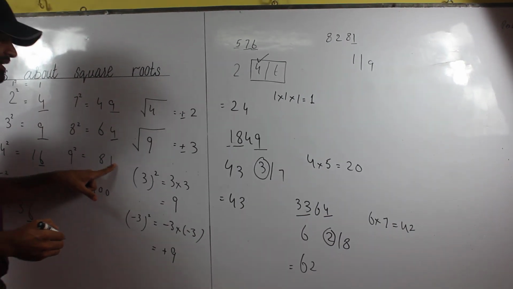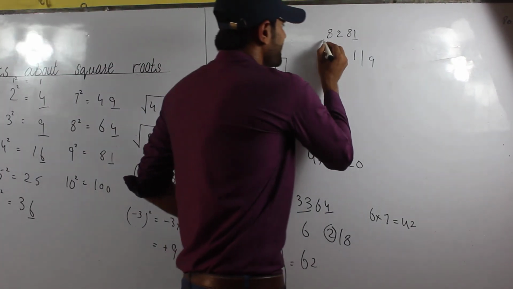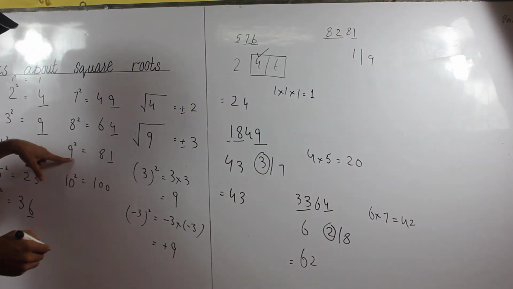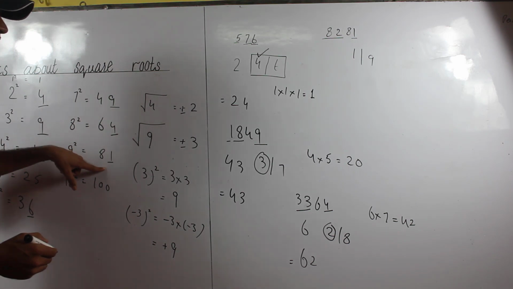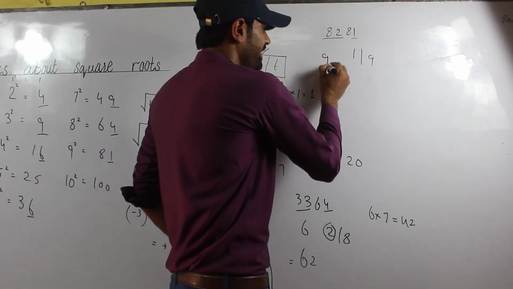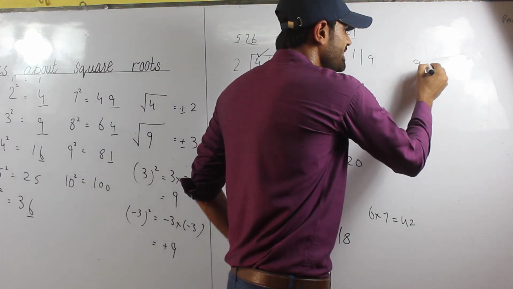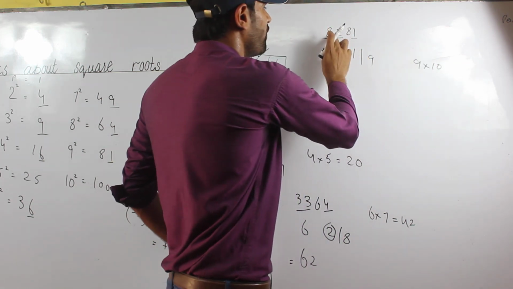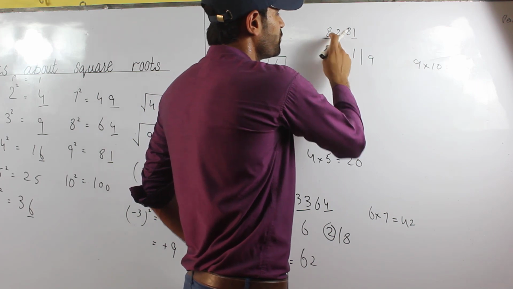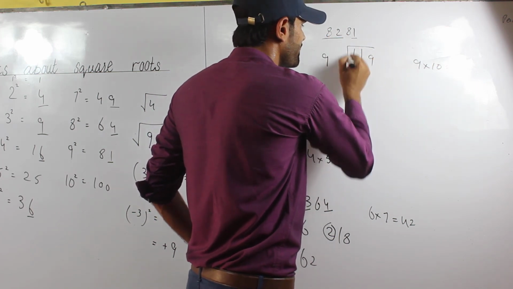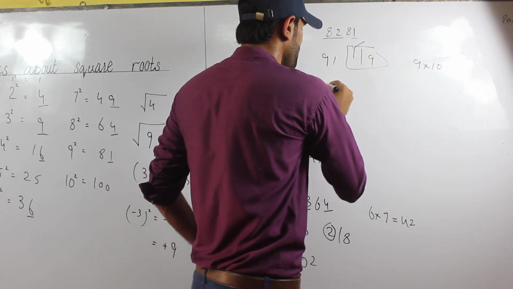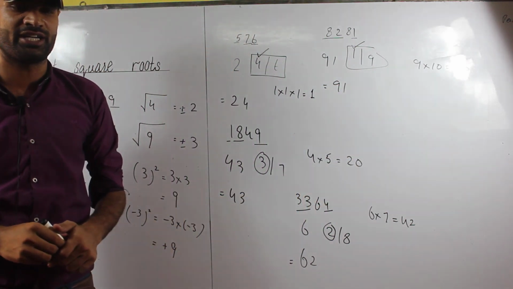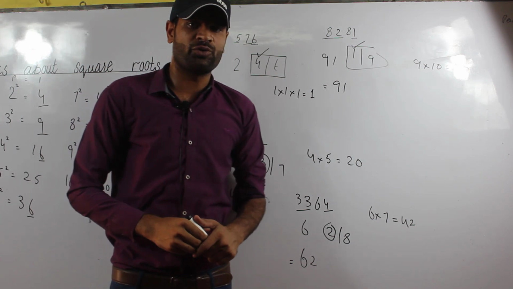Then I check the first two digits, 82, which is near the square of 9, that is 81. I write 9 here, then multiply with its next number, 9 tens are 90, but I have only 82. 82 is less than 90, so I choose the smaller number. So 91 is the square root of 8281. I hope you understand.